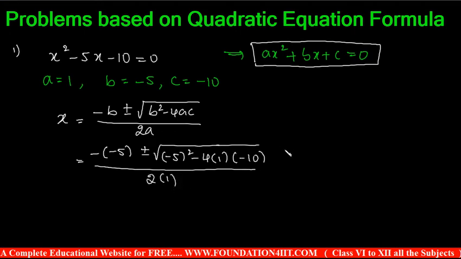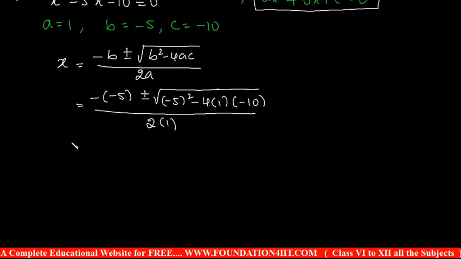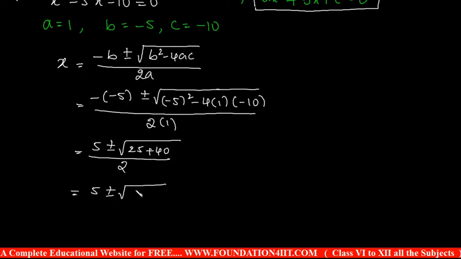Let us simplify this. Minus into minus gives 5, plus or minus root of 5 whole square, which is 25, minus into minus plus 4 into 10 is 40, by 2. Simplify more: 5 plus or minus root 65 by 2.